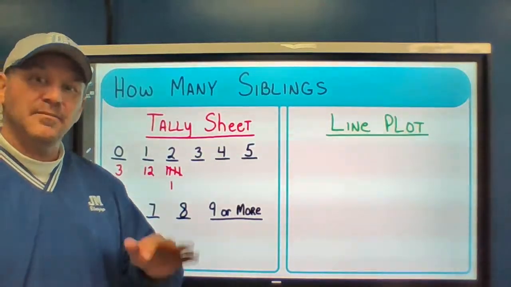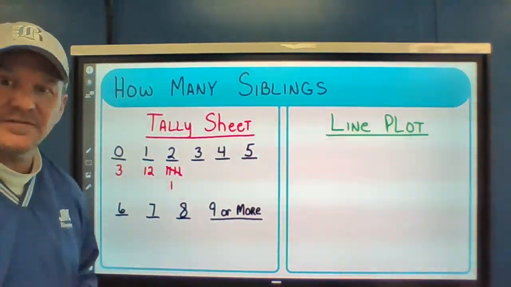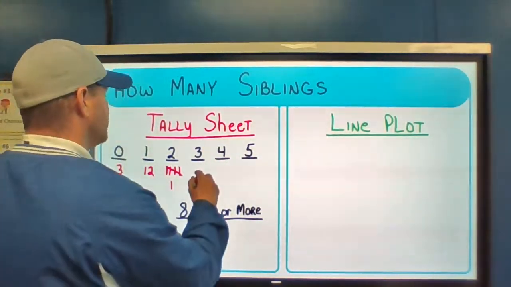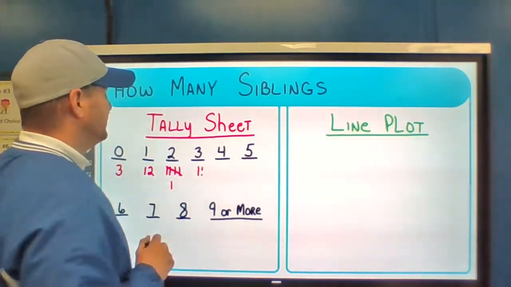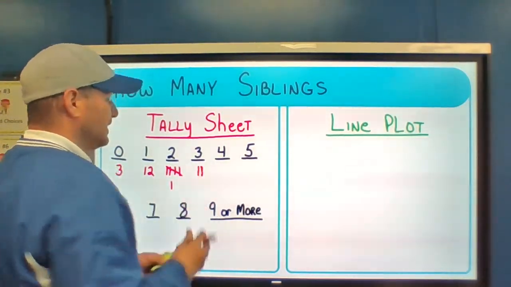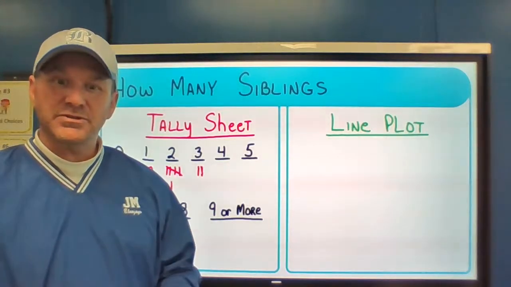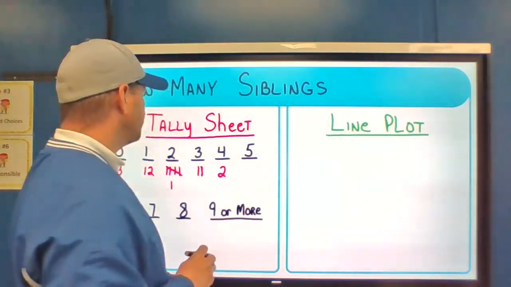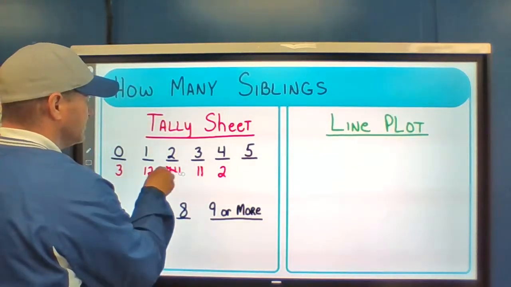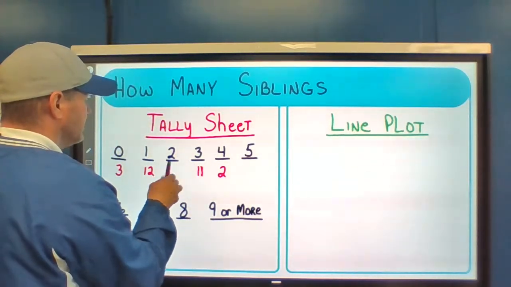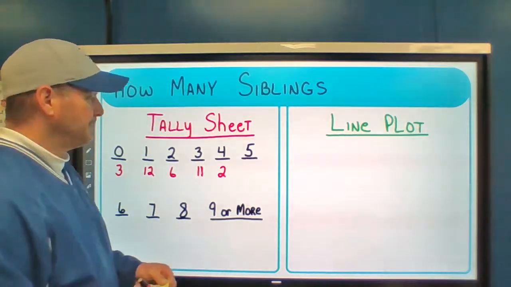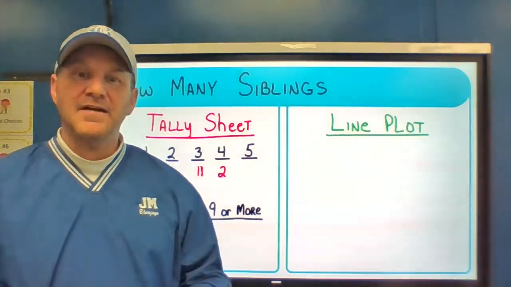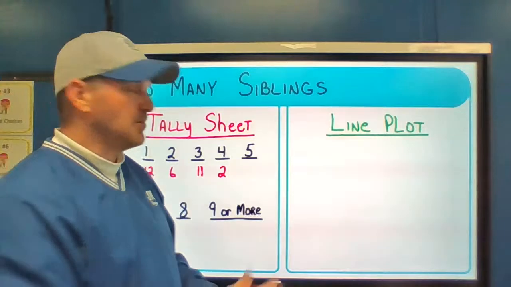For 3 brothers or sisters, 11 of you said you had 3 brothers or sisters. Those of you that had 4 brothers or sisters, there were 2 of you. So I would put 2. I'm going to change this to a whole number so we don't get confused. Those of you that said you had 5 brothers or sisters, there was nobody.